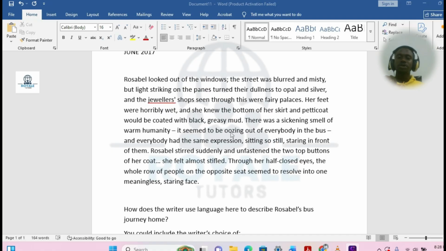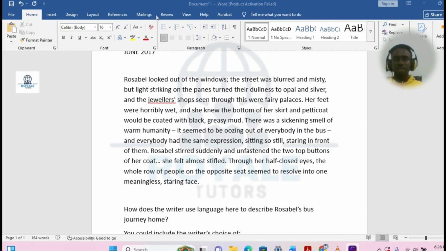It seemed to be oozing out of everybody in the bus, and everybody had the same expression, sitting so still, staring in front of them. Rosabelle stared suddenly and unfastened the 2 top buttons of her coat. She felt almost stifled. Through her half-closed eyes, the whole row of people on the opposite seat seemed so resolved into one meaningless, staring face.